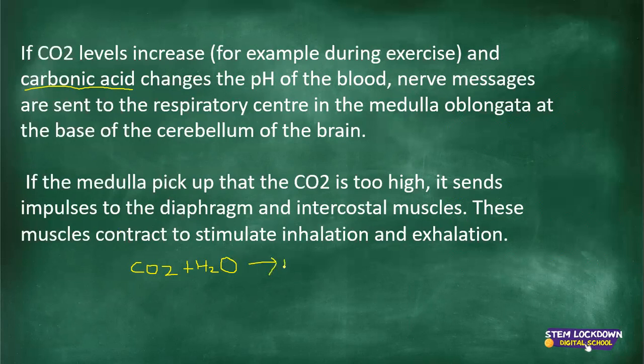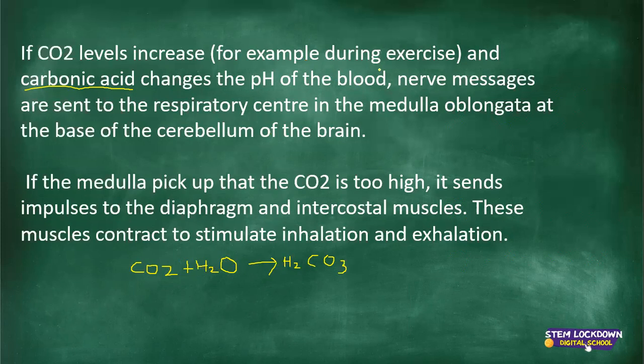There you had H2CO3, if I'm not mistaken. H2CO3, that is the carbonic acid. This is what happens here. You have too much carbon dioxide in the blood. When it binds with water there in the blood, what forms? Carbonic acid. It's one of the products that would form. The other one would be the bicarbonate ions.